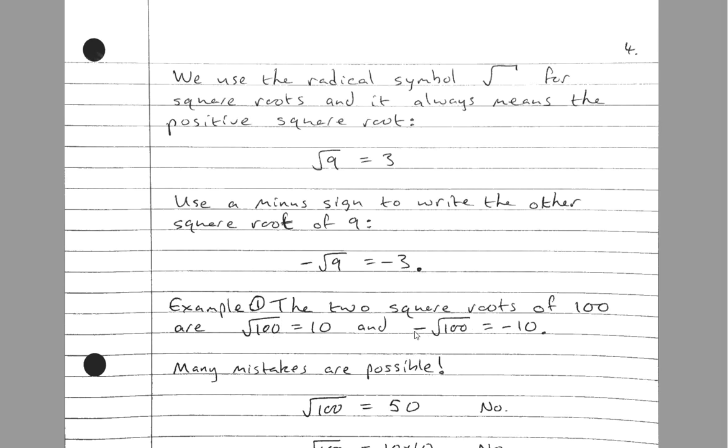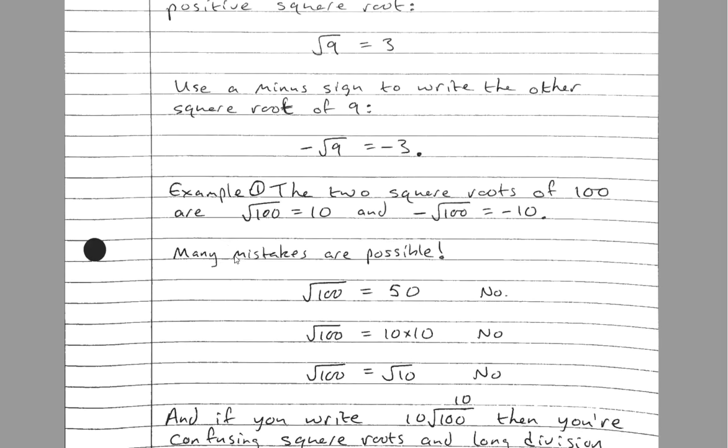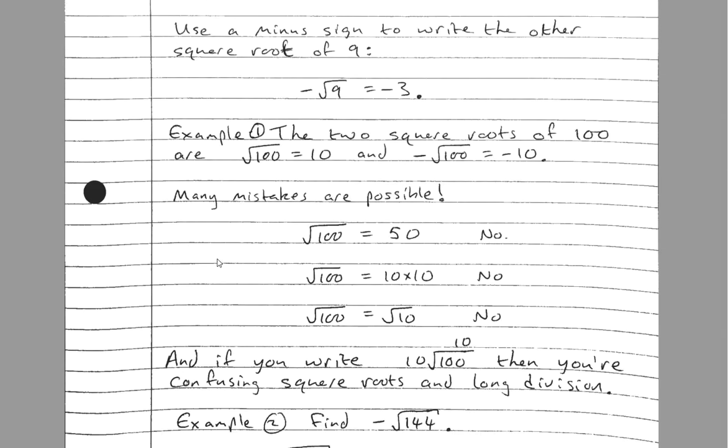And then this notation with a minus out front, minus radical 100, that means negative 10. If you square this, you also get 100. I see so many mistakes people make working with square roots.